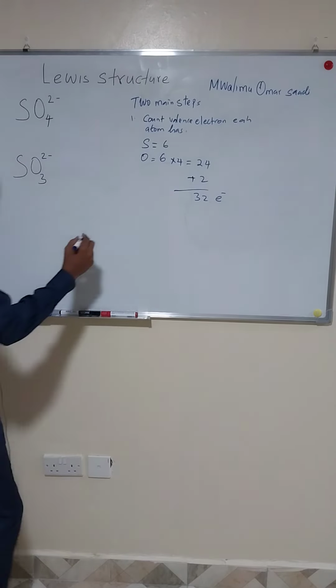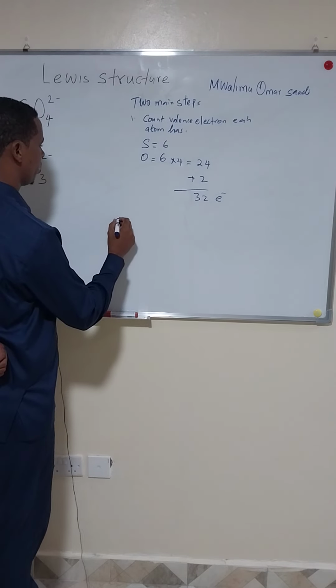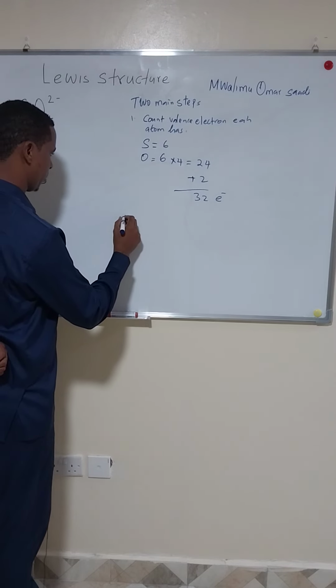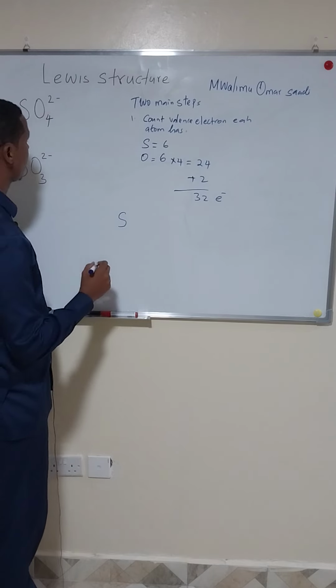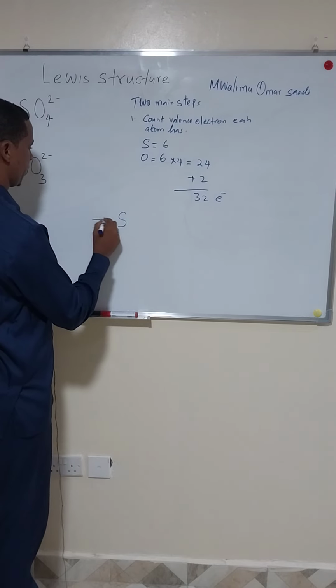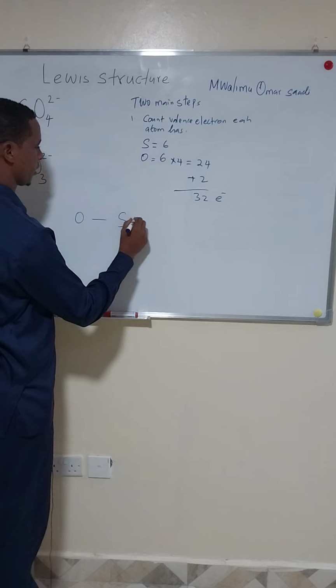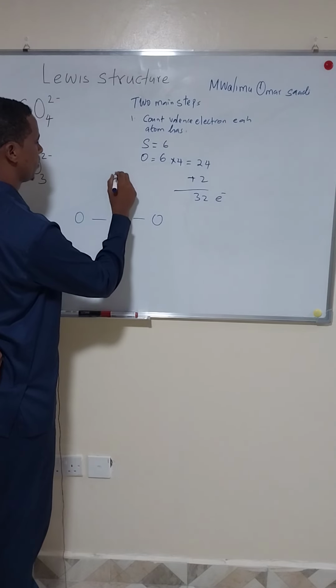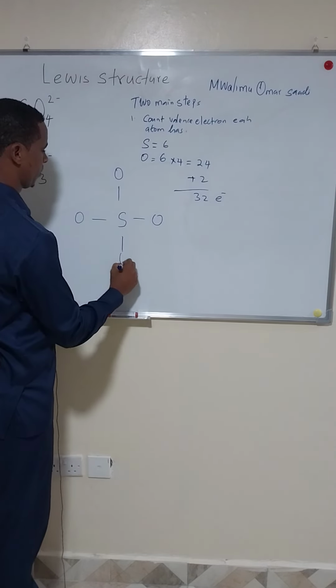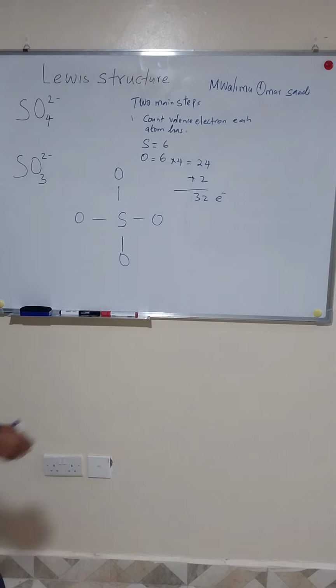So you place the sulfur atom at the center, then surrounded by 4 oxygen atoms, like that.